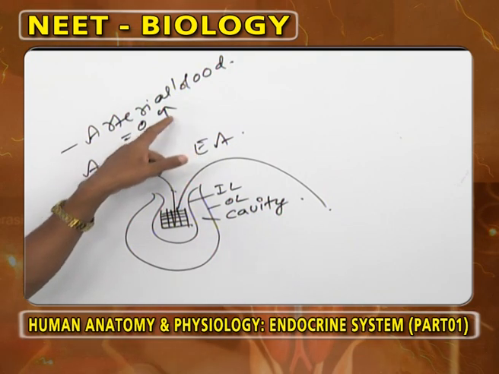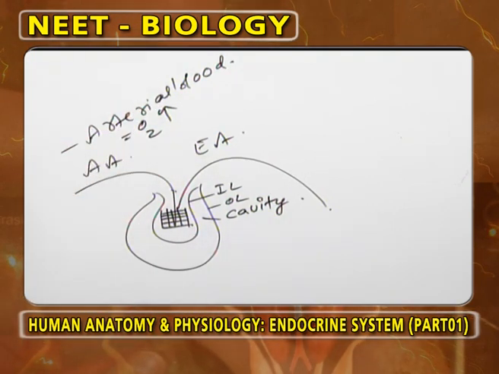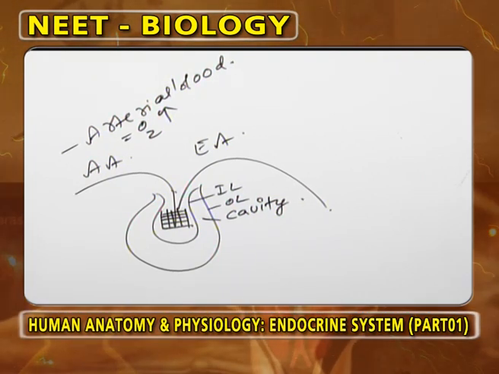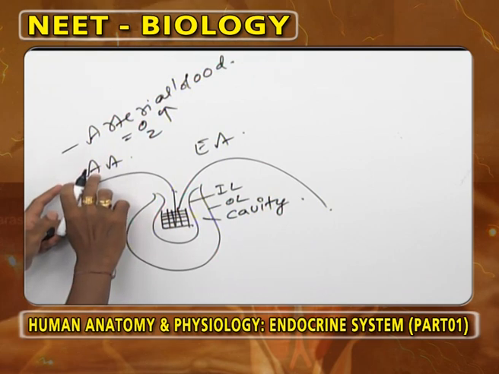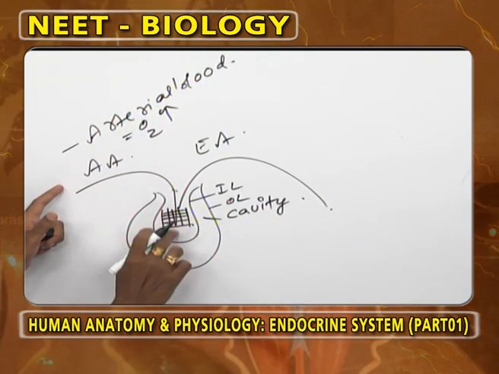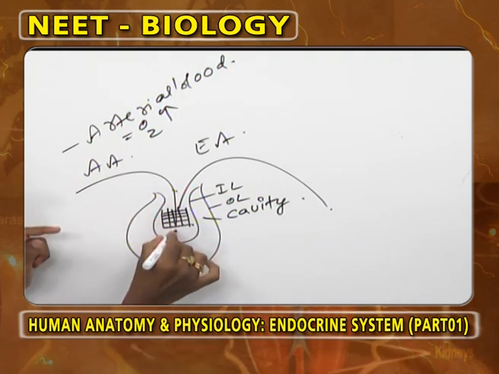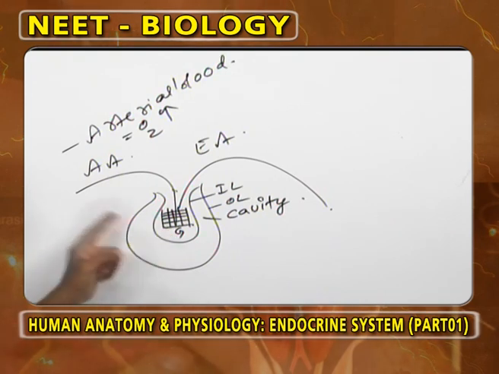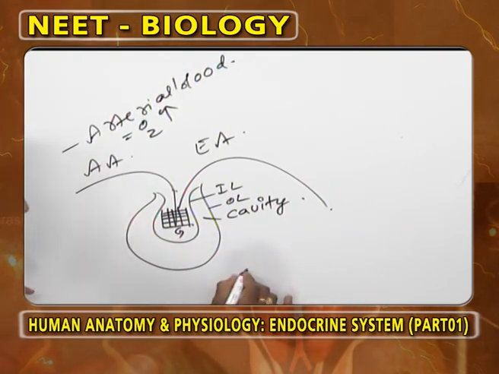The arrow mark indicates oxygen is more in the arterial blood. Now regarding list 1, glomerular hydrostatic pressure: with the help of the afferent arteriole, the oxygenated blood reaches the glomerulus. Now in the glomerulus, what is the hydrostatic pressure?